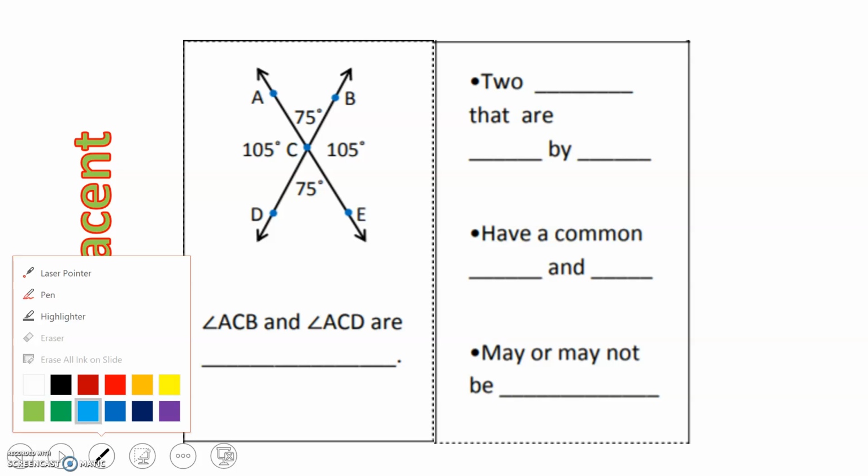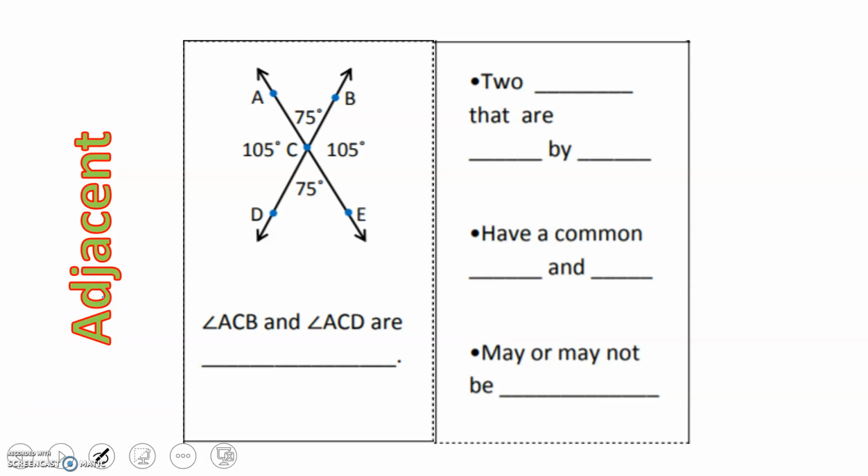Okay, and then the second to last angle that we are going to cover is adjacent angles. So angle ACB and angle ACD are adjacent angles.